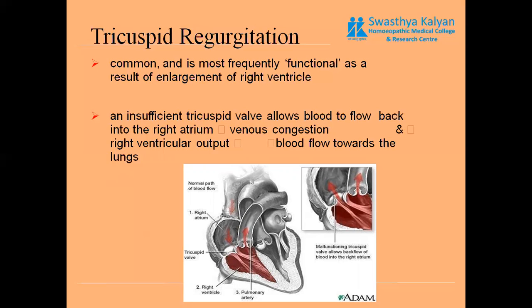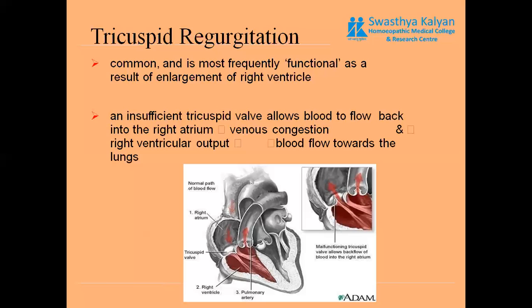An insufficient tricuspid valve allows blood to flow back into the right atrium, which causes venous congestion, and right ventricular output will reduce, so less blood will flow towards the lungs. So it's quite understood.